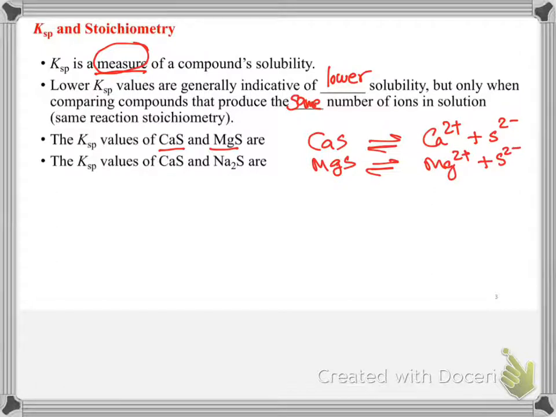So yes, you can compare the KSP values of these two. Next, you cannot compare calcium sulfide with sodium sulfide, because this is 1 plus and 1 negative, this is 2 plus and 1 negative, so that means we cannot compare the calcium sulfide KSP value with sodium sulfide.